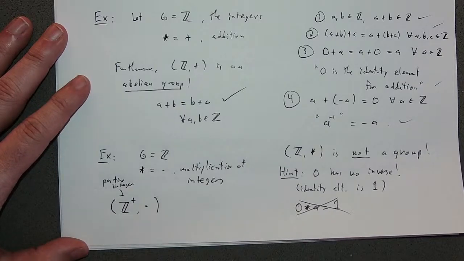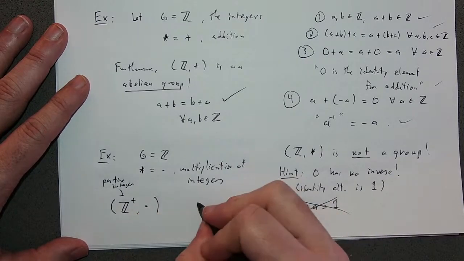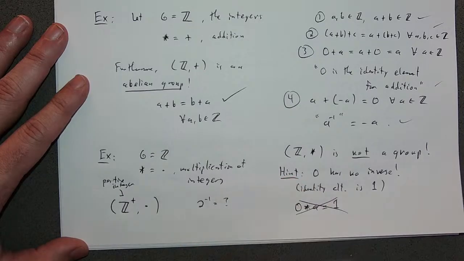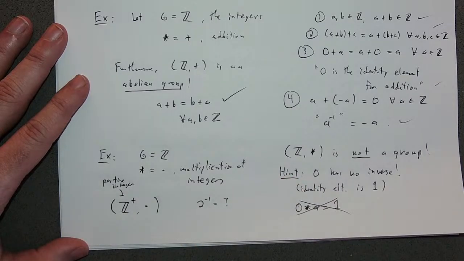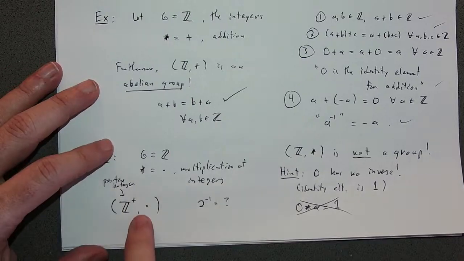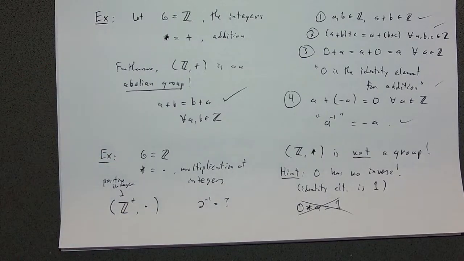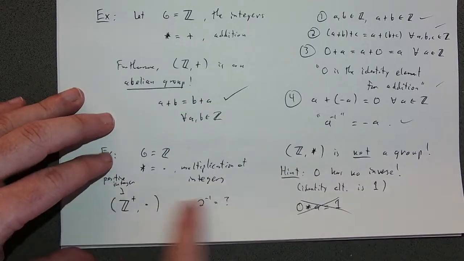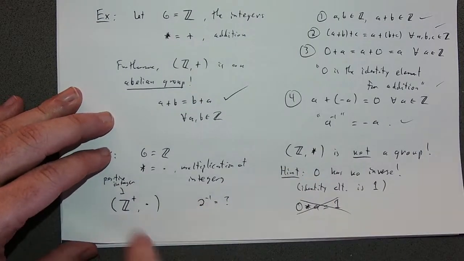The inverse operation here is tricky, right? Finding inverses is tricky. What's the inverse of 2? This also has problems, right? So we even have problems even if we get rid of 0 here.